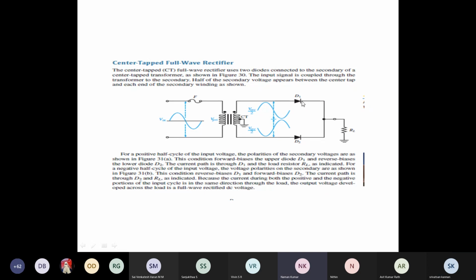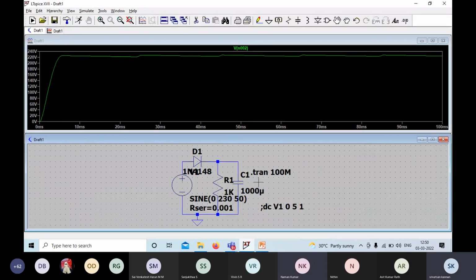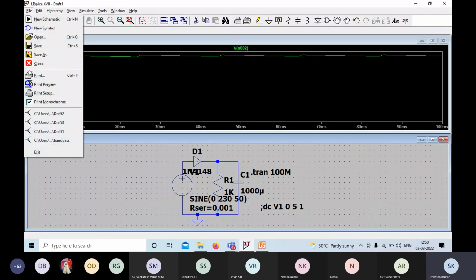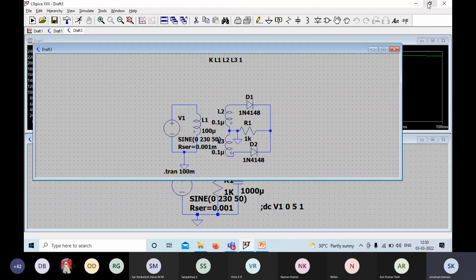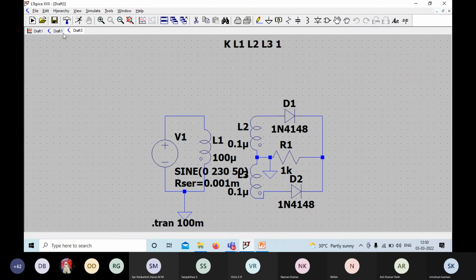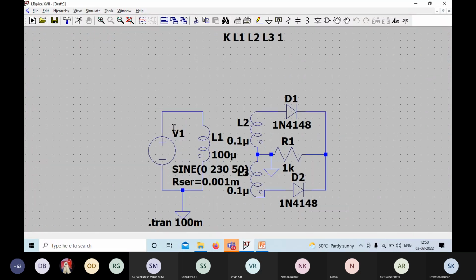Sir, will we have to use the normal inductor, right? I'll show you the normal inductor. I'll show you the circuit diagram. This is the circuit for the full wave rectifier, and the input is as usual 230 volt, 50 hertz power supply.